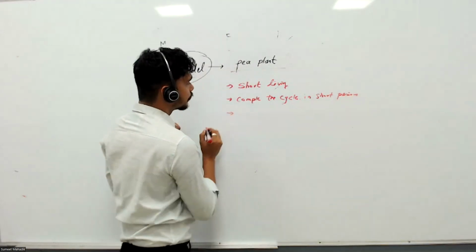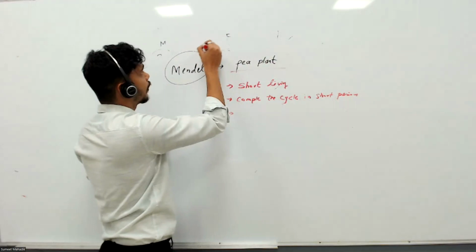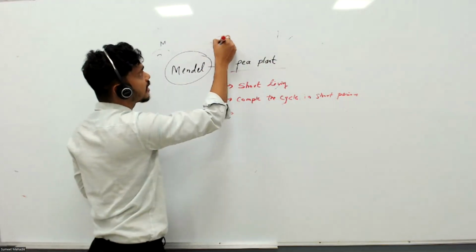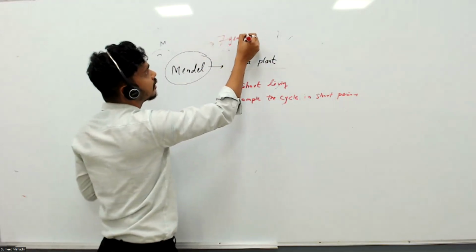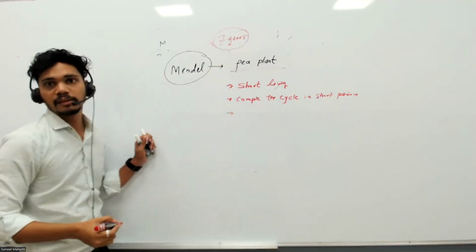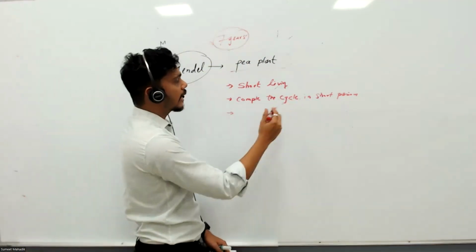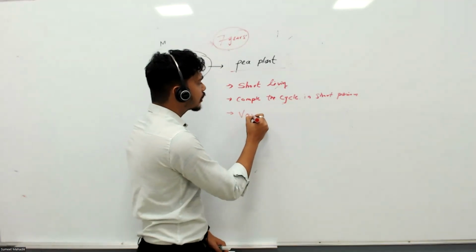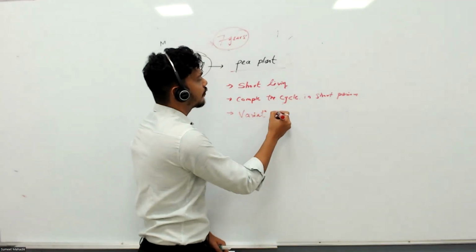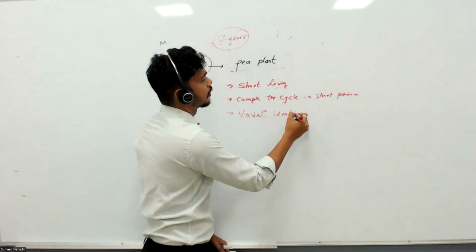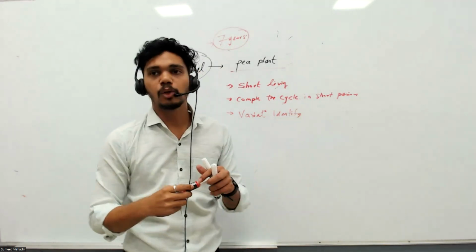Second, how many years of experiments did he perform? 7 years. He gave 7 years. And why did he choose the pea plant? It is short living, completes a cycle, and variation can be identified easily. Now, suppose he had taken a rose plant.